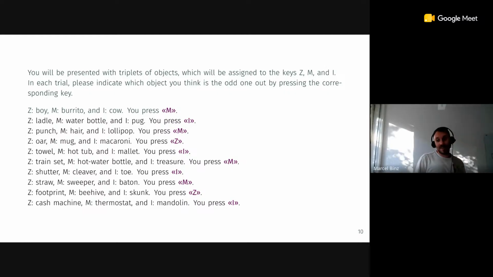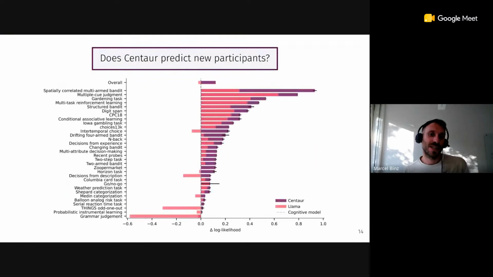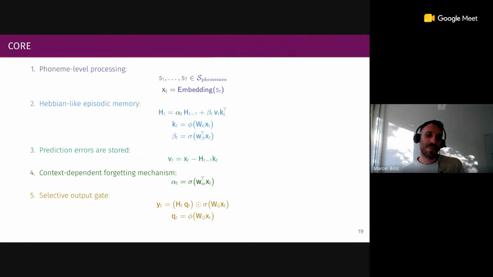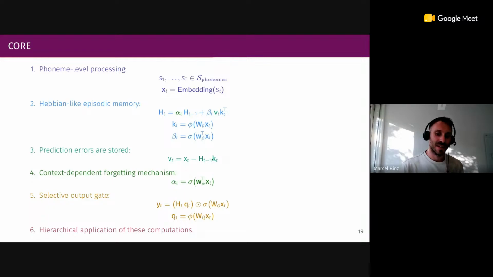Yeah, that is a good question. You could imagine, for example, if you think about the equations that are presented in the core model, that you add some kind of temporal difference learning into these equations. Right now, the model stores prediction errors between current inputs and what is in memory.